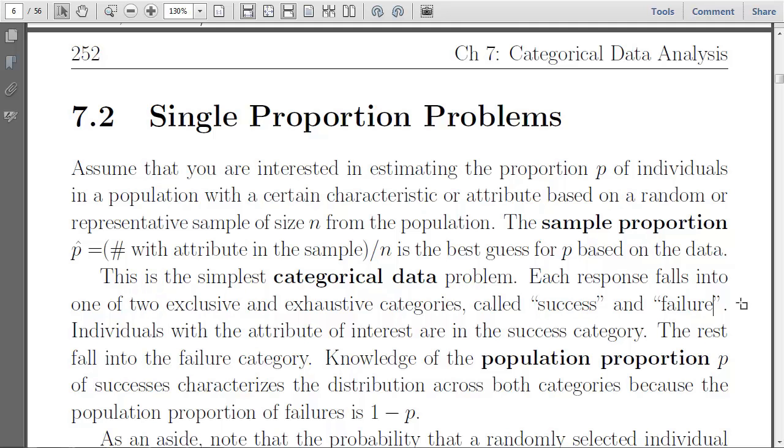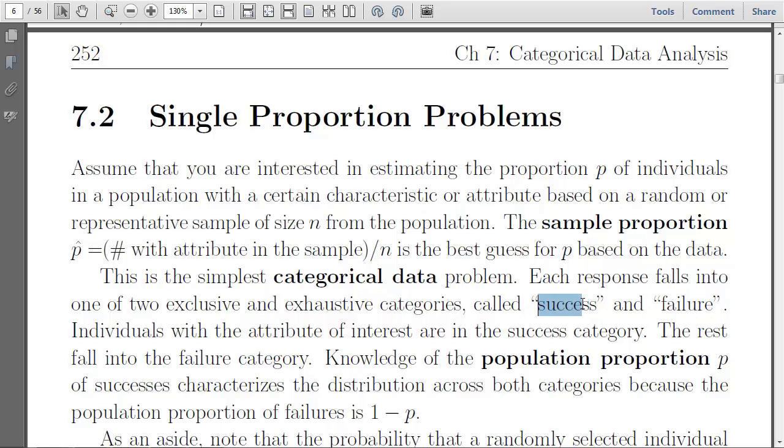For example, if you're interested to know how many insects die 1 hour after you apply a certain poison, you could consider a success that the insects died and a failure that they continued to survive. Or you could relabel it. A success might be in favor of the insects, that they survived, and a failure that they died. It depends on the point of view.